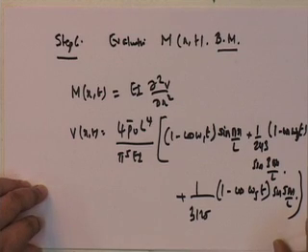If I differentiate this, what do I get? What is del squared V by del x squared?